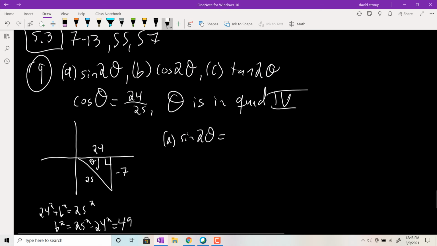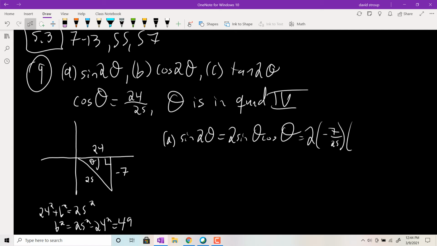Sine of 2 theta is 2 sine theta cosine theta. And then we can substitute in, right? So 2 sine of theta using the triangle is opposite negative 7 all over hypotenuse, 25. And then cosine theta is given, 24 over 25. Multiplying that all out, you get negative 336 all over 625.